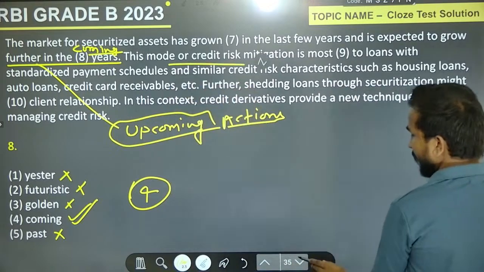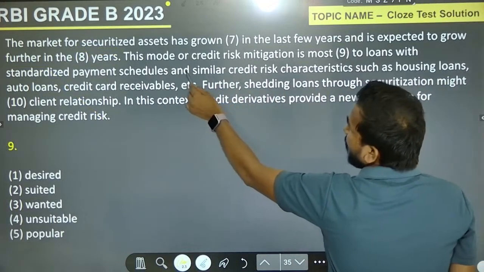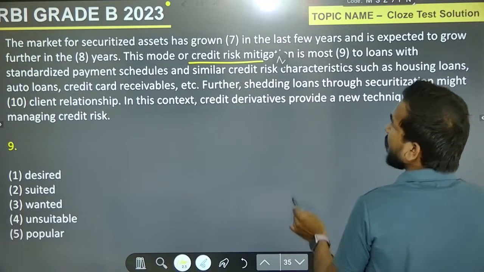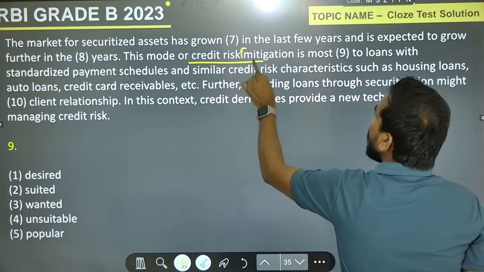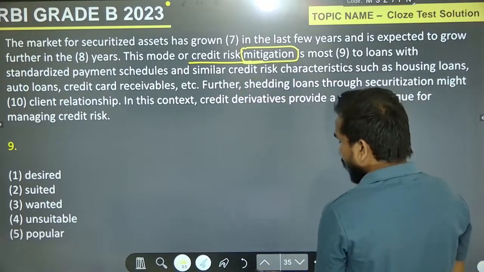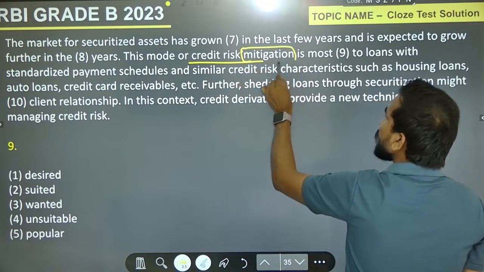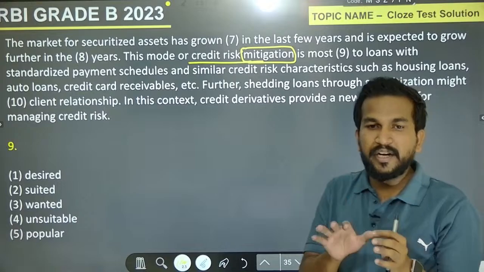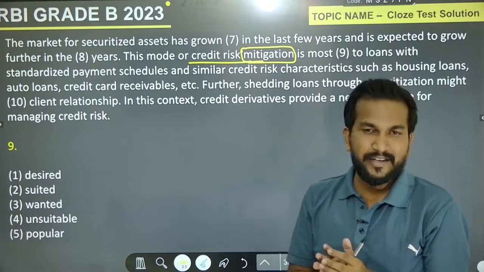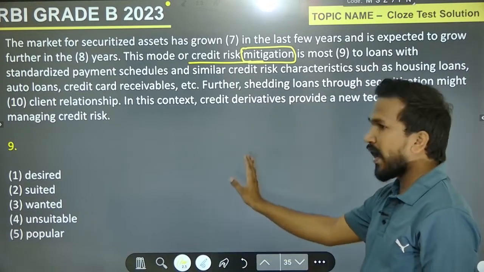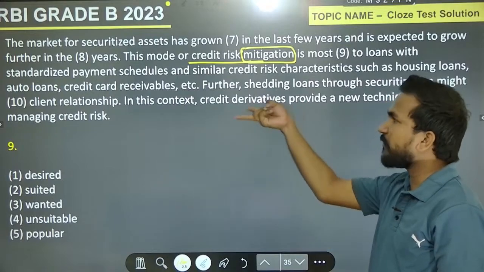Now we have the next one. This mode of credit risk mitigation. Now we have the word also here. What I was saying in the beginning of the Cloze test was to read the passage completely at first. If you have read it completely, definitely there will be 2 questions.